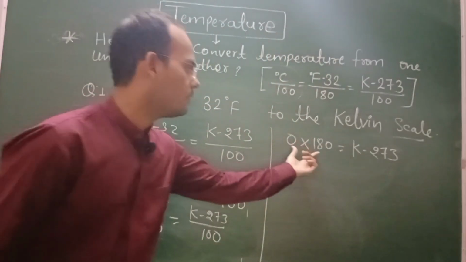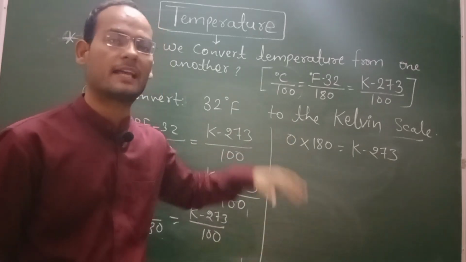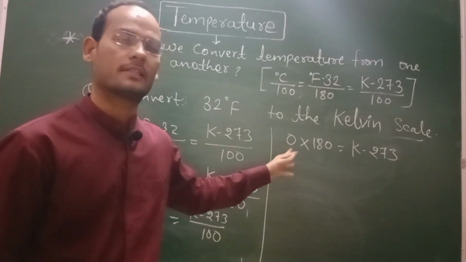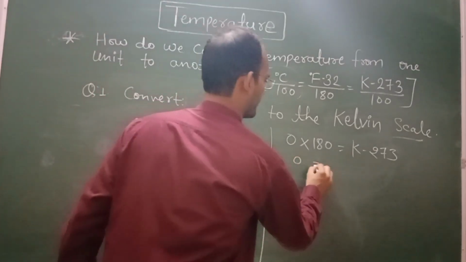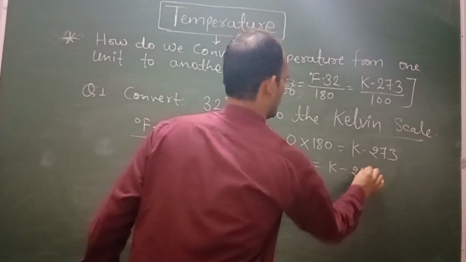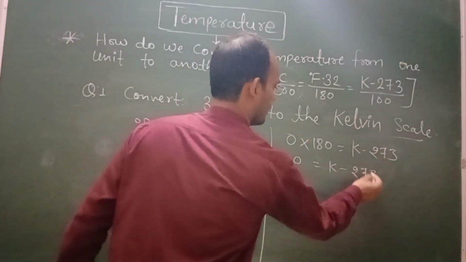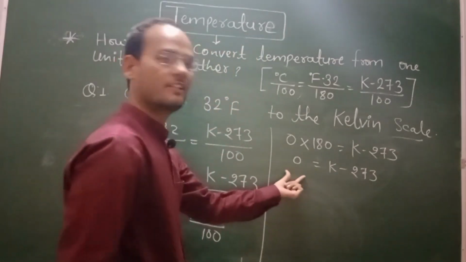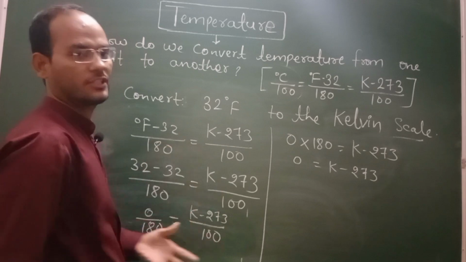Multiply this one value, what will be the answer? When we multiply any digit by 0, the answer will be 0. So this is 0, and now K minus 273. Clear? Okay, bring this value to this side, so this minus value will be made positive.